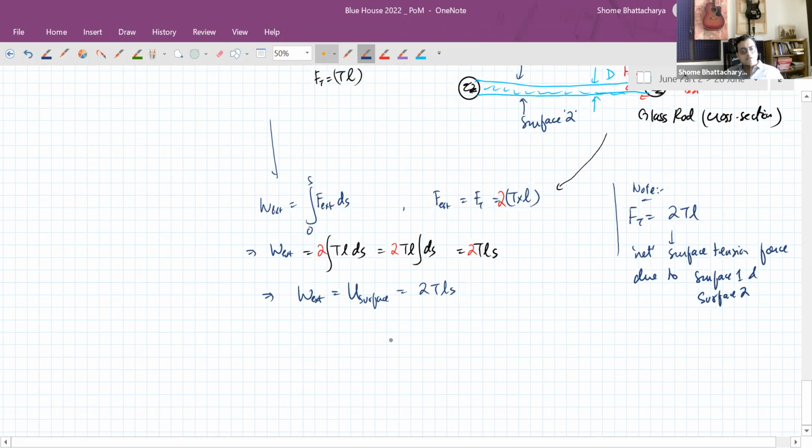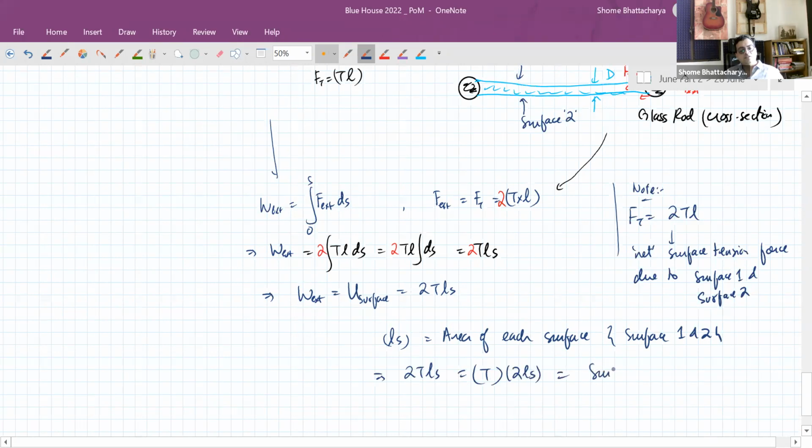But now you can notice that L into S is the area of each surface, that is surface 1 and 2. So 2 times TLS or T into 2LS is equal to surface tension multiplied by total surface area.